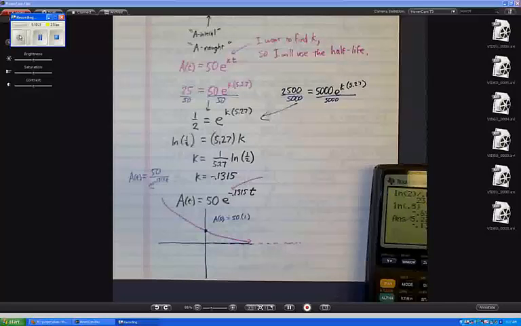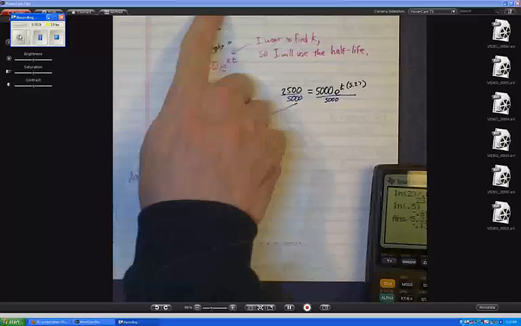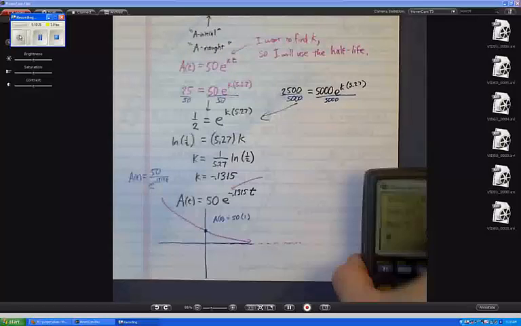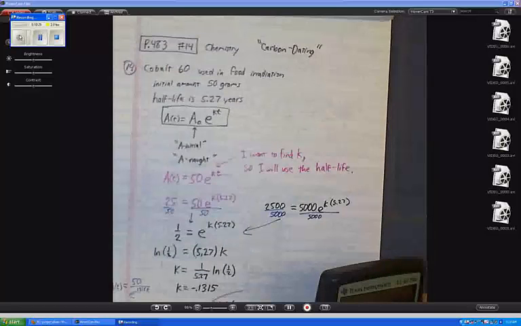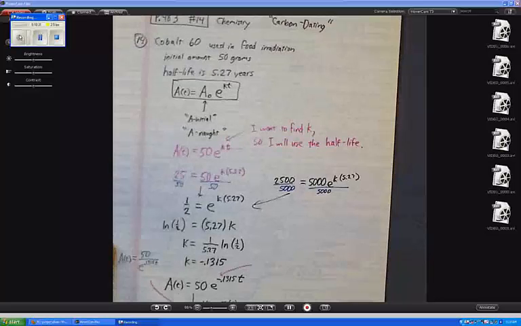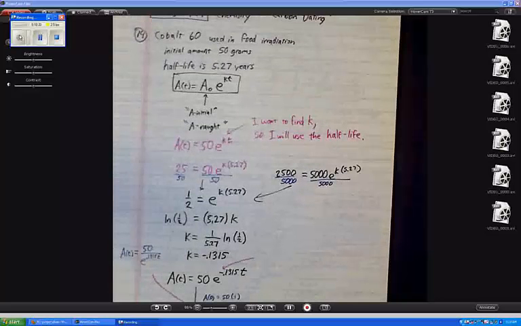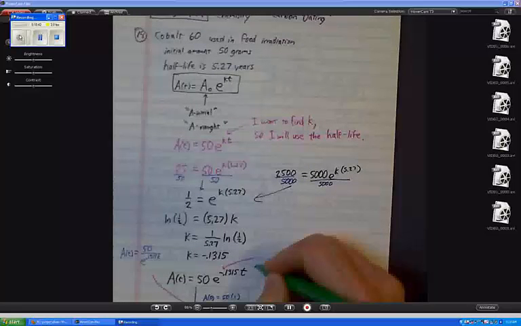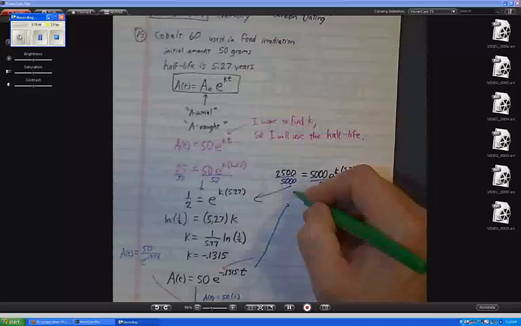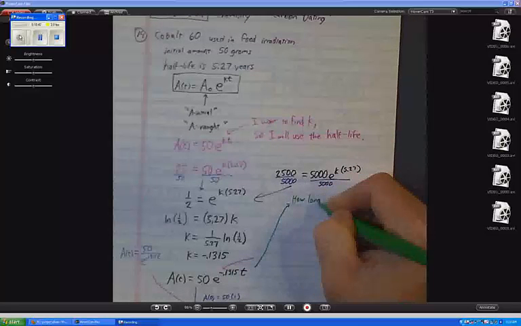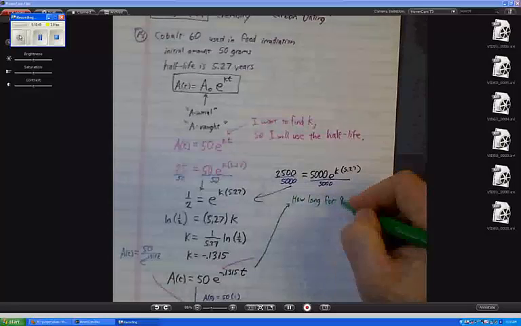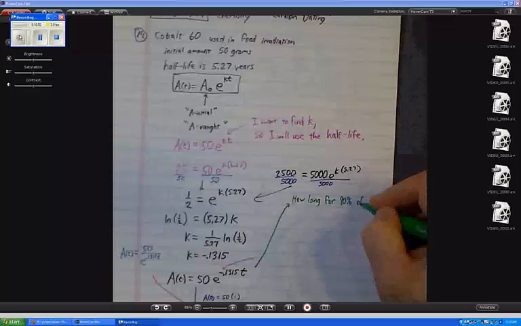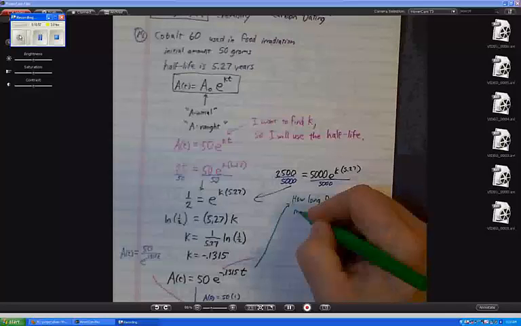So we know that half of the material would decay in 5.27 years. All right? 5.27 years is the half-life. So here's the last problem. We'll do that over here. How long for 90% of the material to decay?